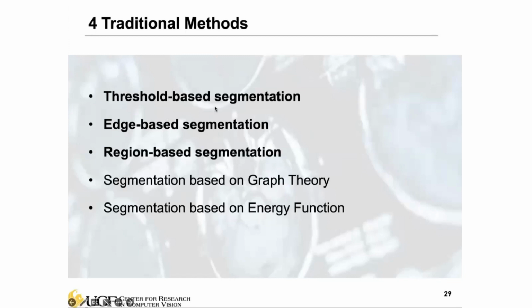One is threshold-based segmentation. We can use edges to do the segmentation. We can also consider regions, where we group pixels that share similar properties into regions. And then we can use some more advanced theory, like graph theory, to build a graph to do the segmentation. Then we can also use some energy functions to do the segmentation.